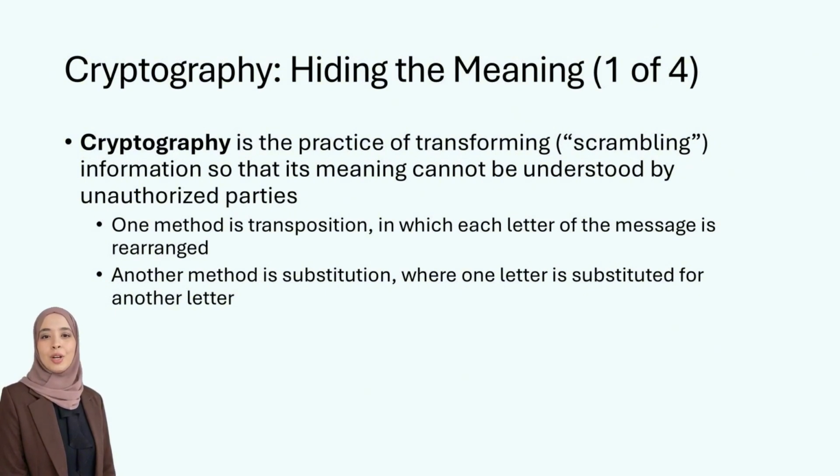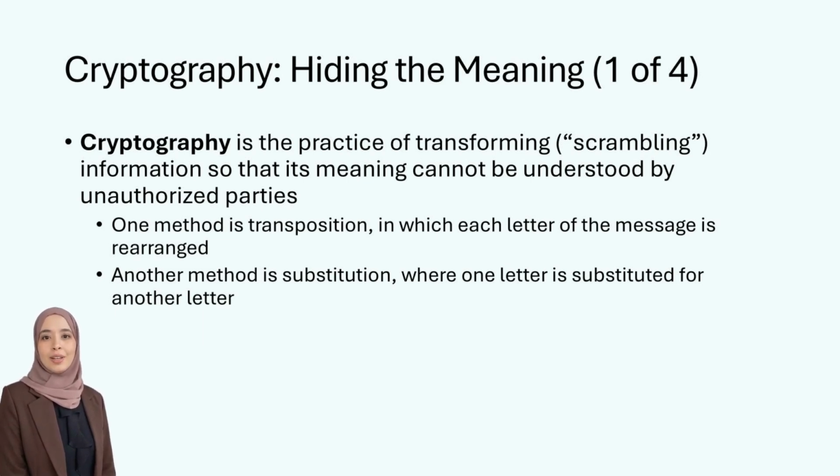So if we are working on the fundamentals of cryptography, we are mainly working on different ways and practices to transform the original message or information in a way that makes it not understandable by unauthorized users or people. This is done by scrambling the message in ways that make it unreadable without a special key.